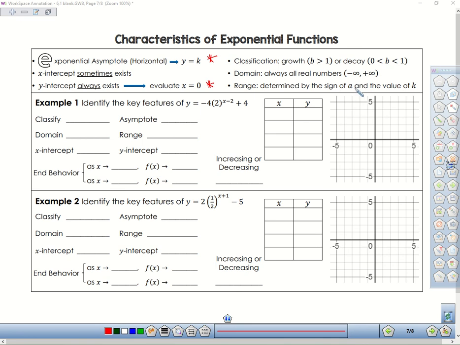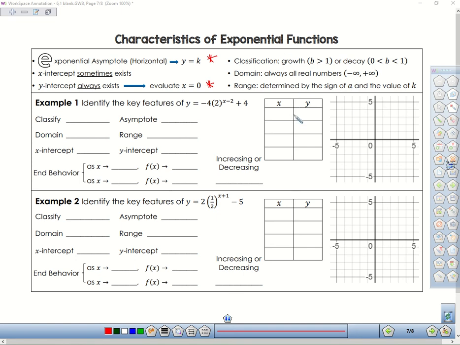And the range is determined by the sign of a and the value of k. So if, for example, your a value is flipped, it's going to change the range a little bit. And the k value helps us determine where the asymptote is, where it's going off in one direction. So you'll see the easiest way to find the range is to actually just graph it and see the range, visibly see it, instead of trying to figure it out without looking at it.